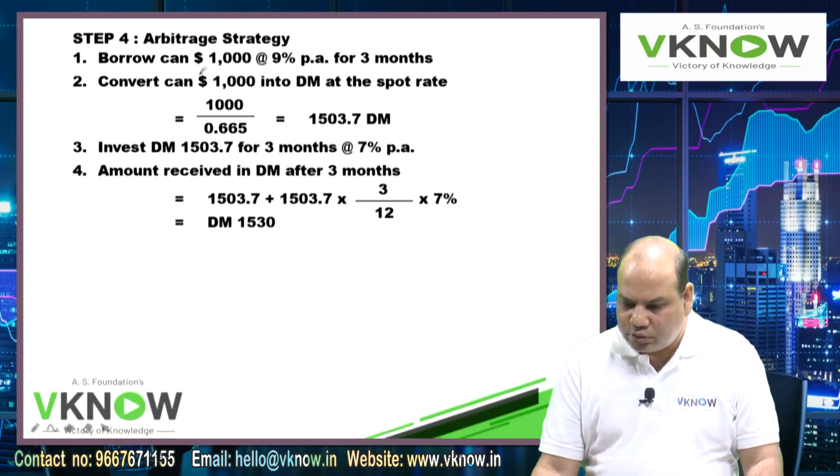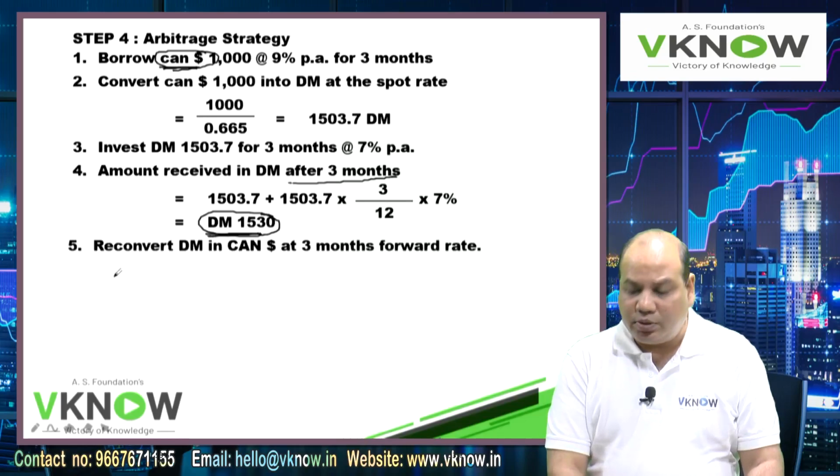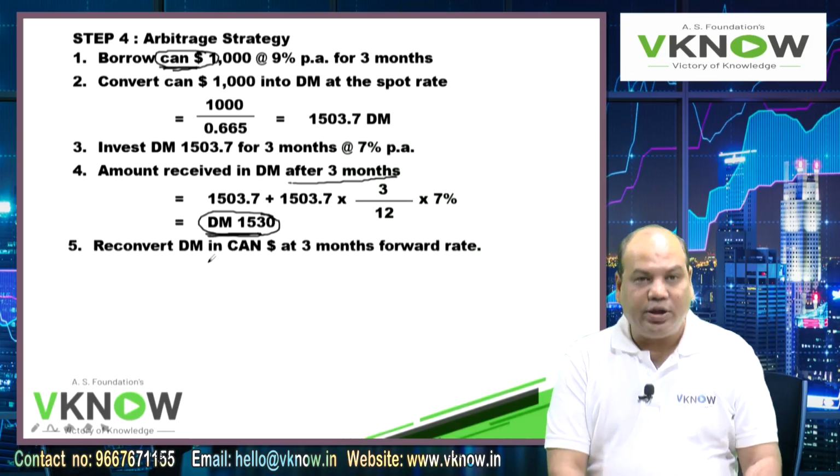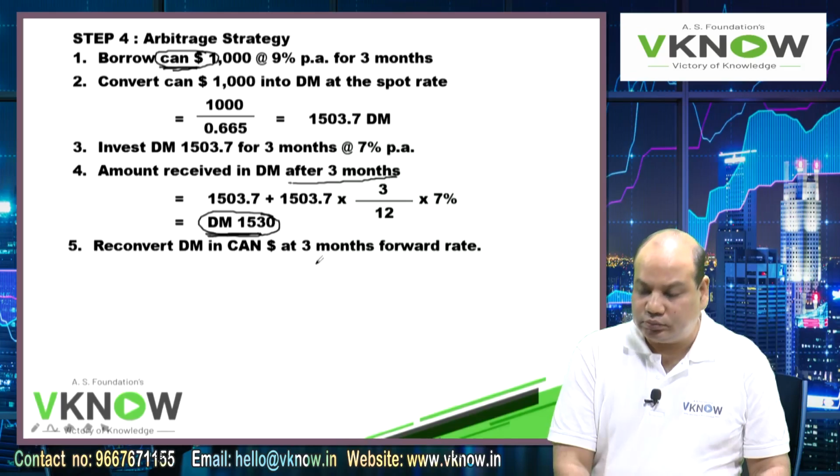We have borrowed in Canada, and this amount you are holding in DM after 3 months. So I need to reconvert this amount into Canadian dollar so that I can pay my liability in Canadian dollar. Step number 5: reconvert DM into Canadian dollar at the 3-month forward rate. Go to the question.